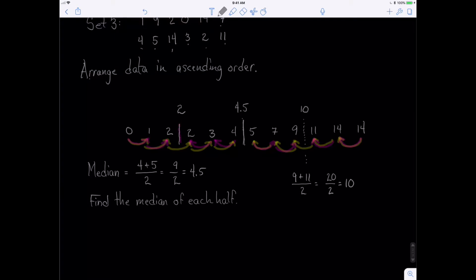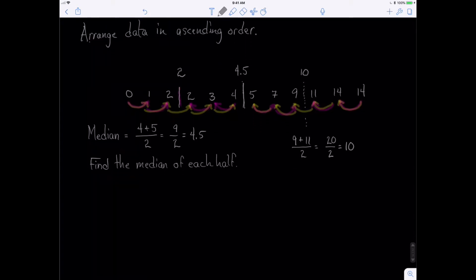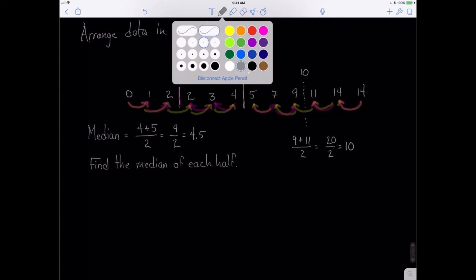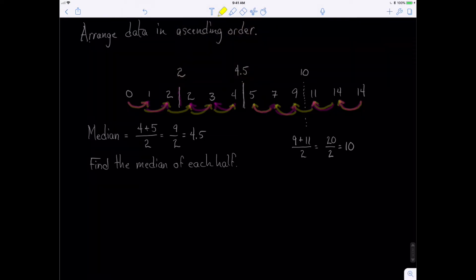Now, look at what these data values have done. These data values have divided the data into 4 equally sized groups. Because they form quarters, when you take half of the half, you make a quarter. So this bit from 0 to 2 represents 25% of the data.